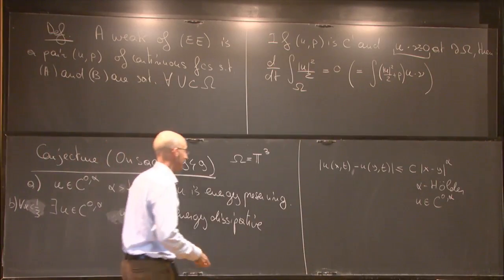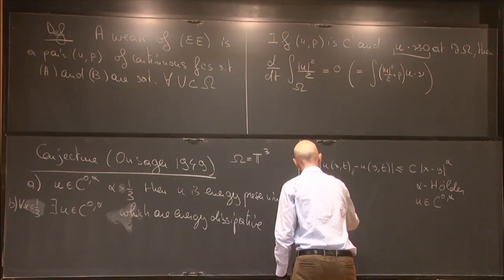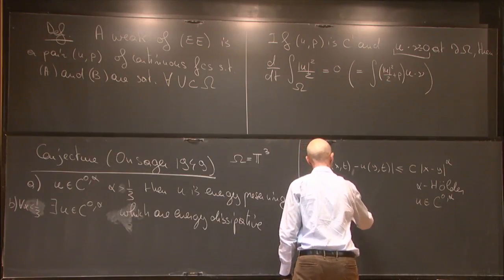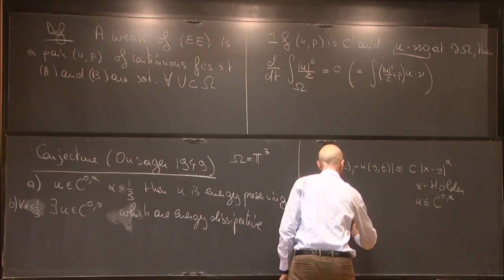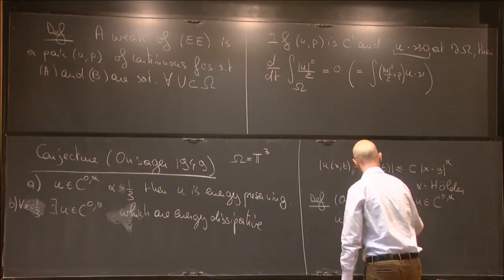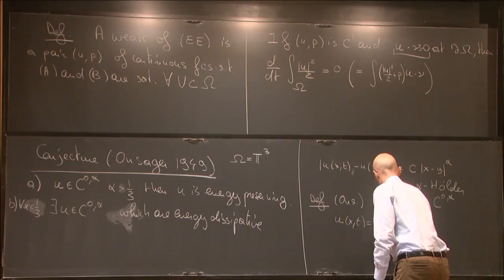So what he actually does is the following. So the definition of weak solution for Onsager is the following. He writes down U of x,t in Fourier because he's on the periodic torus.